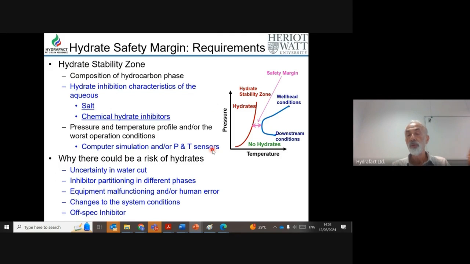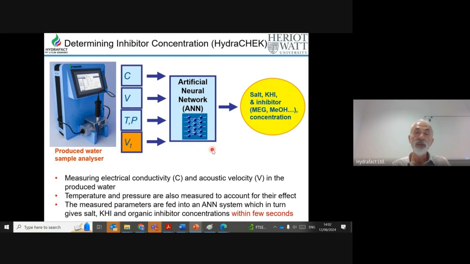Normally, we take a sample of the produced water and send it to the lab, but normally we get the result in up to 12 or 24 hours, which is too late in a way. We developed a technique, device and technique, that measures basically electrical conductivity, speed of sound, temperature, and pressure.